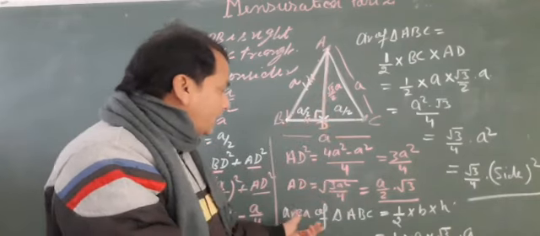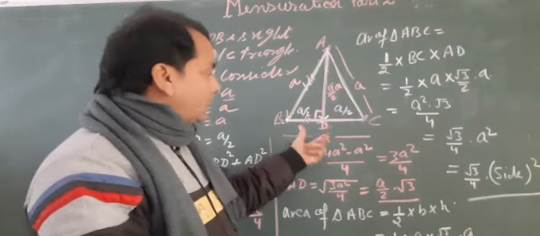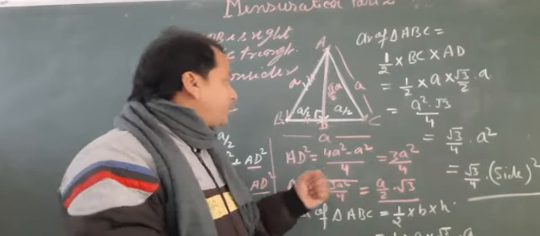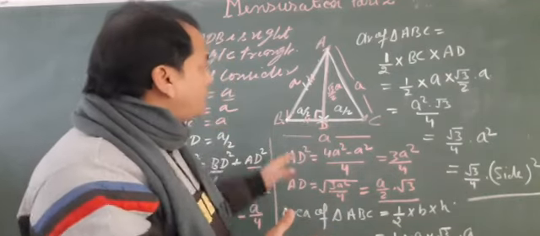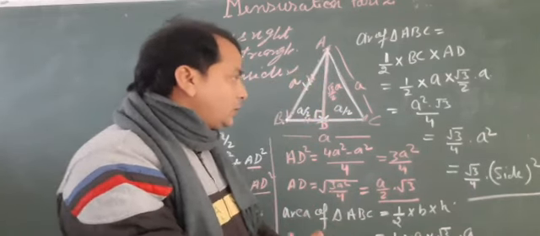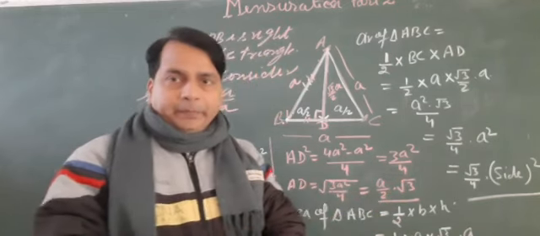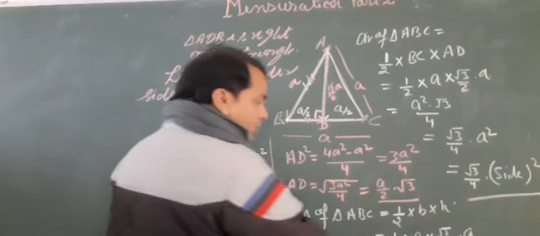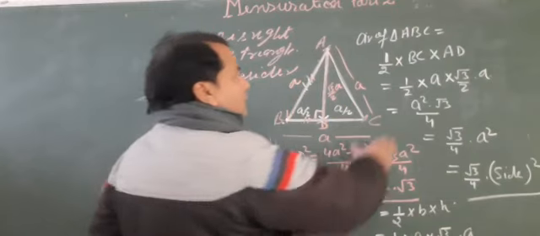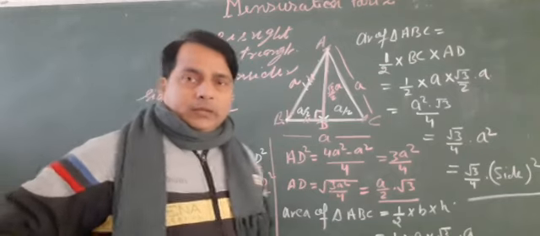So area of triangle ABC is 1 by 2 base into height. In the place of base BC, put the value of BC equal to A, and in the place of perpendicular height AD, put the value of AD equal to root 3 by 2 into A. Then 1 by 2 into A into root 3 by 2 into A. Sort out here, then root 3 by 4 into side square.